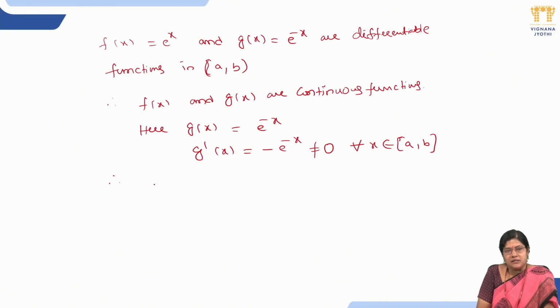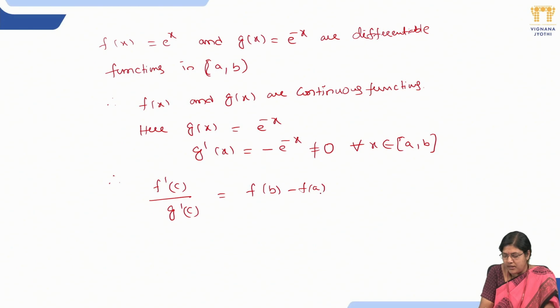Therefore, from the statement of Cauchy's mean value theorem, we have f dash c by g dash c is equal to f of b minus f of a by g of b minus g of a.